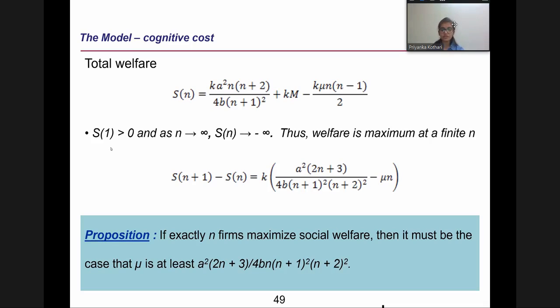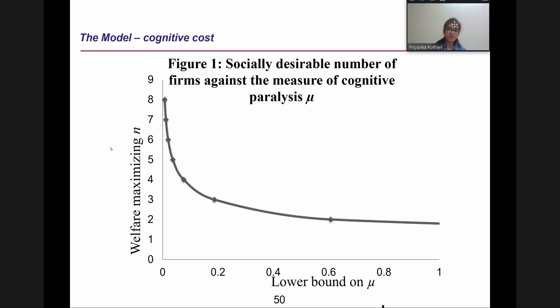And so for any given measure of cognition cost mu, we can find the exact number of firms which maximizes the welfare for a given set of parameters. So as we can see in this graph, as the measure of the cognition cost goes higher and higher, the welfare maximizing number of firms keeps on declining.